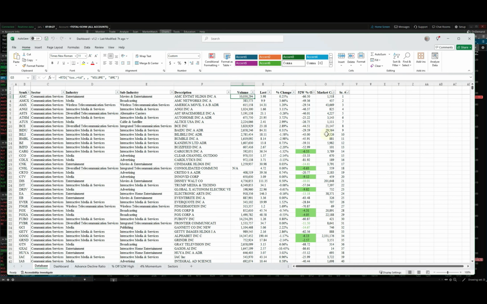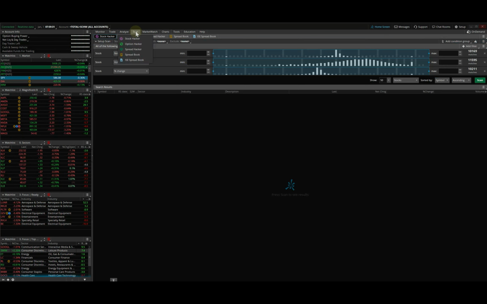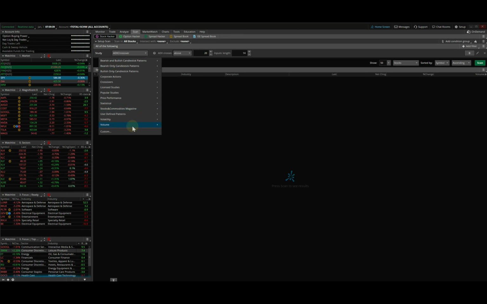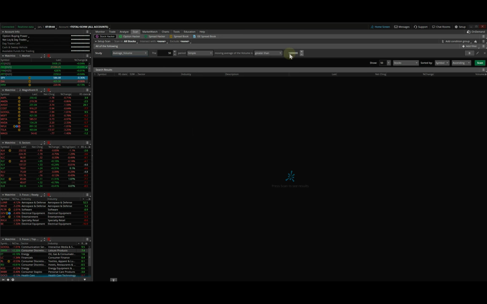So that's why, and where does this number come from? Basically if you go to the scans tab, or you can scan anywhere, if you have Finviz or anywhere, you can check the volume. I have average volume of 1 million.